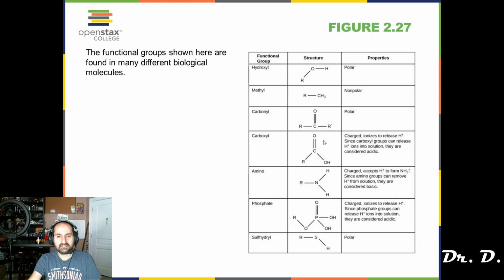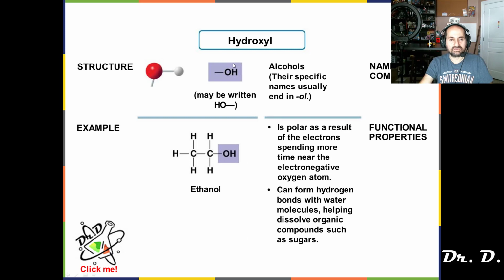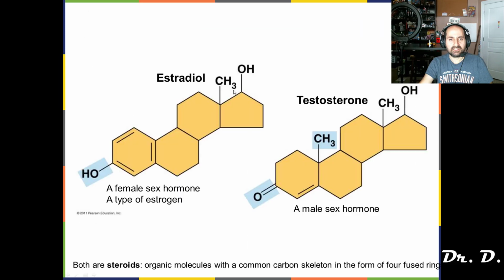And each one gives a different property to the molecule. So this one, for example, is called the hydroxyl group. It's when you have an OH, an O and an H attached to your carbon backbone. Do you see that anywhere here? Do you have a hydroxyl group? Yes, look at this. Here's a hydroxyl group, here's a hydroxyl group, and here's a hydroxyl group.